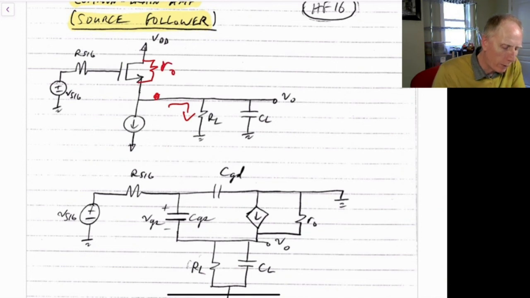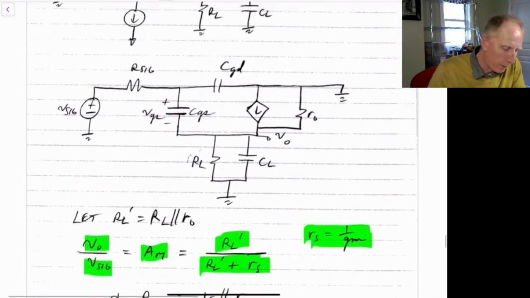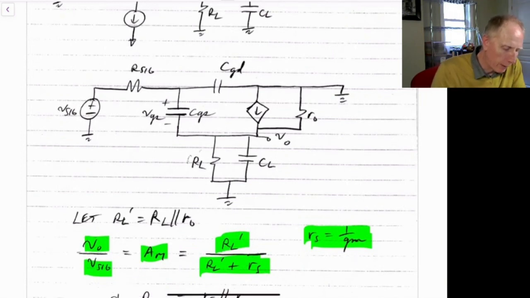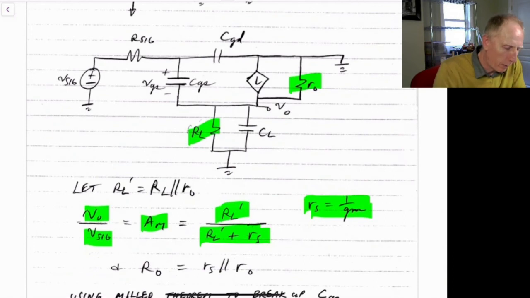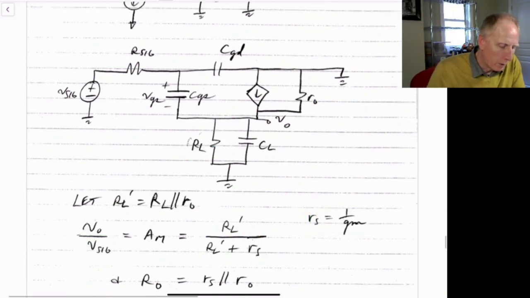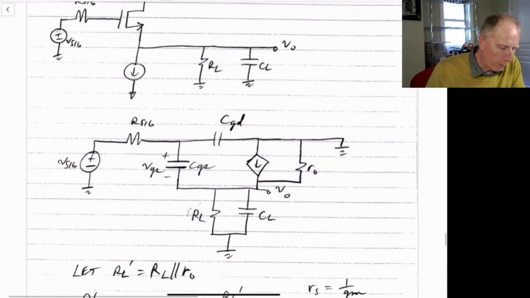So R naught in parallel with RL becomes the driving load that this source follower has to drive. So RL prime is given by RL in parallel with R naught. That's how we can find our midband gain.